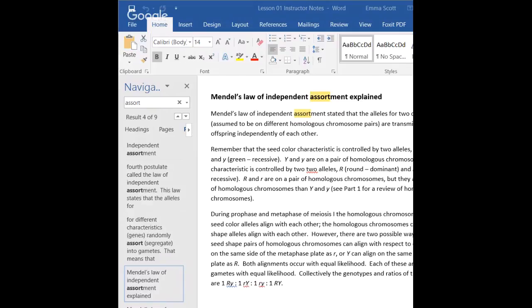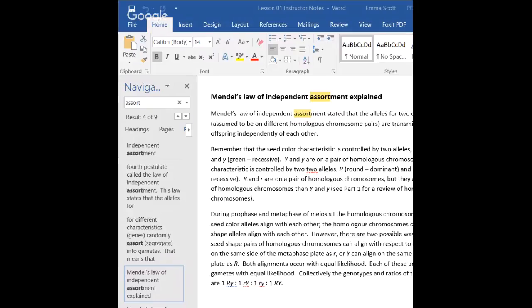Since it's a homologous pair, we'll know that 1 pair comes from our mom, 1 comes from our dad, and the different alleles are found on the different parents. So we can have the big R from mom and the little r from dad, or vice versa. So we're going to assign those to the chromosomes so we can keep track of the different combinations.